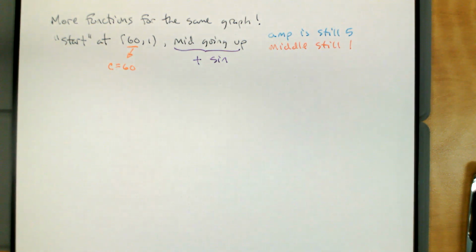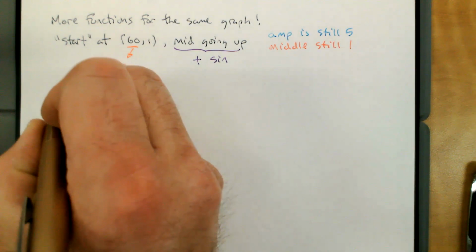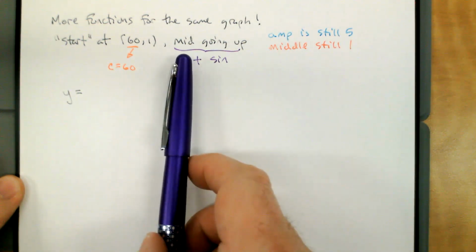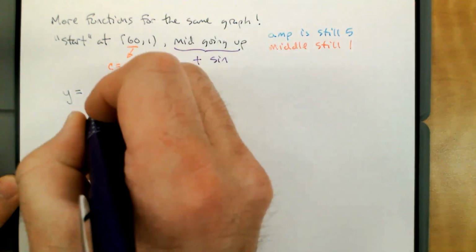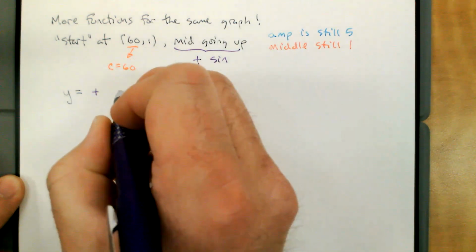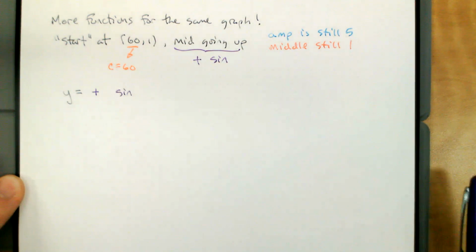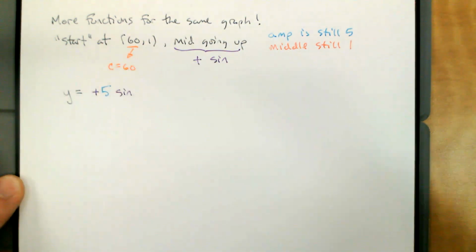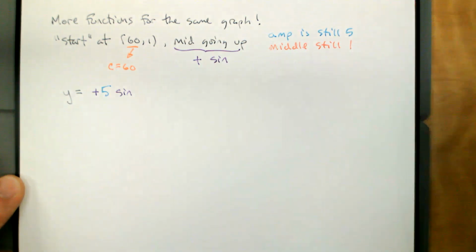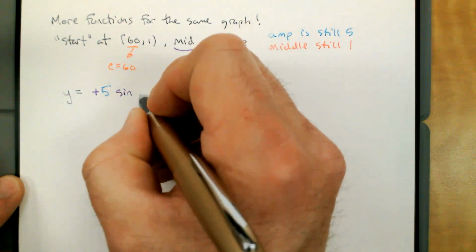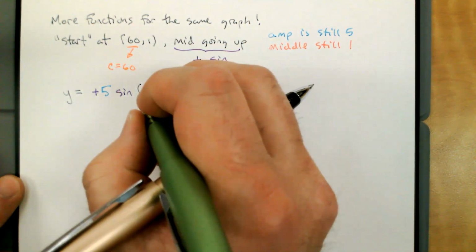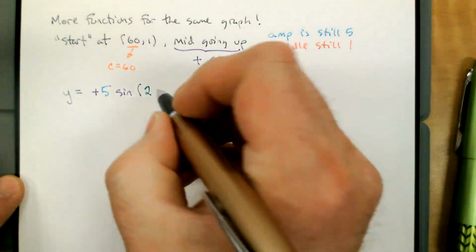So I want to write an equation for the same graph. I'll write y equals. I'm starting at the middle going up, so I'll do a positive sine. The amplitude is still the same at 5. The period is still the same at 180, so that doesn't change my coefficient of the x.